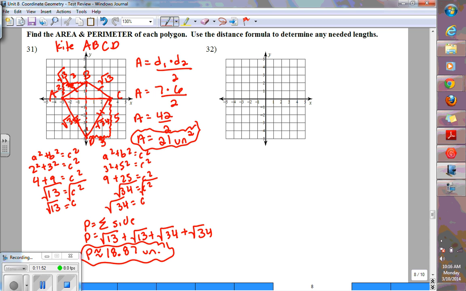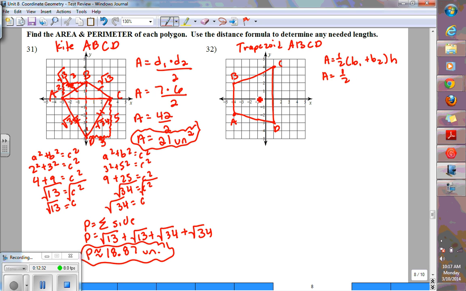Okay, on 32, I have trapezoid ABCD. Okay, my area for a trapezoid is 1/2 B1 plus B2 times the height.